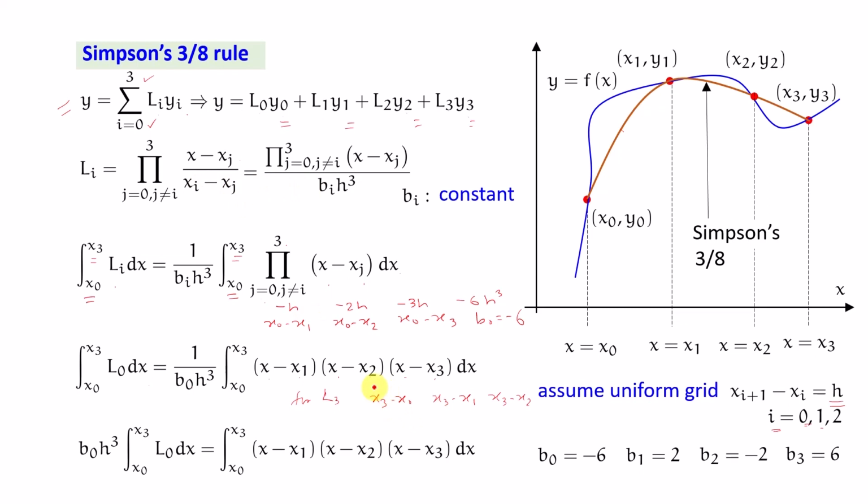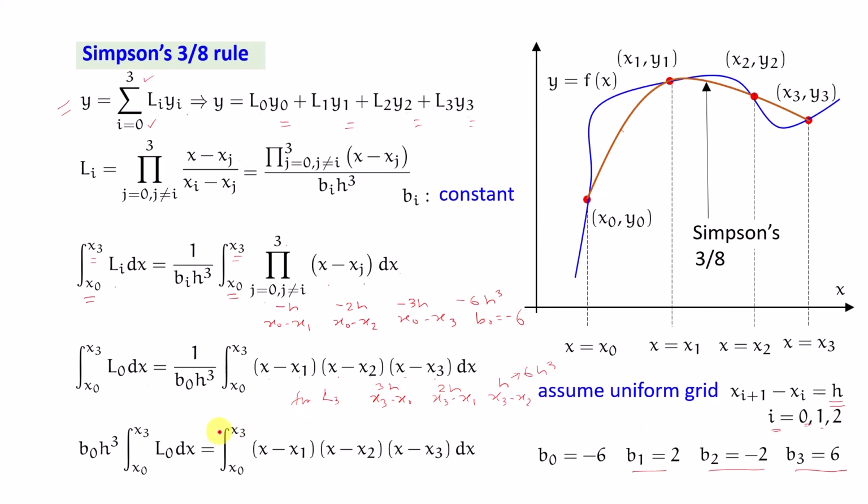Therefore x3 minus x0 would be 3 times h, x3 minus x1 would be 2 times h, and x3 minus x2 will be h. Together it will give 6h cube. That is why this b3 is 6. Similarly, you can try finding b1 and b2. So these are trivial exercises.